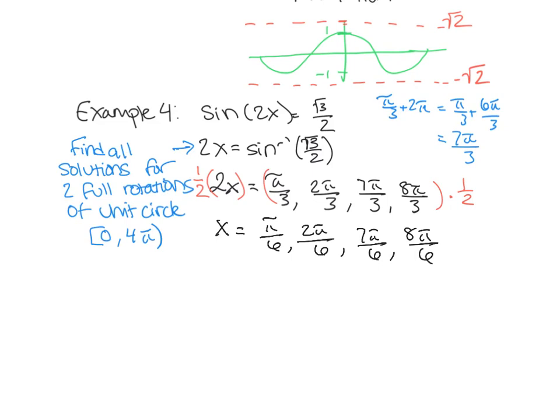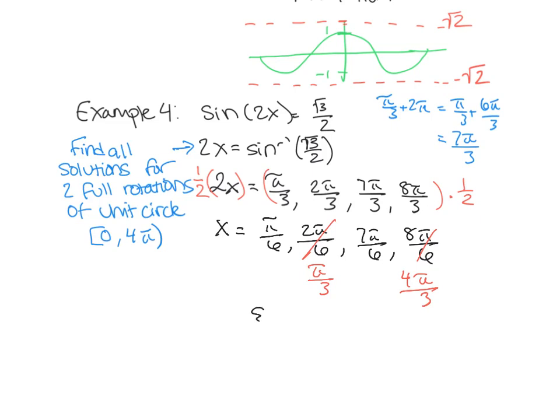And from here, if you can, please reduce. So, for instance, 2 pi over 6 becomes pi over 3, and 8 pi over 6 becomes 4 pi over 3. And you will notice that all of our final answers are still between 0 and 2 pi, just like they should be. But we're not done yet.